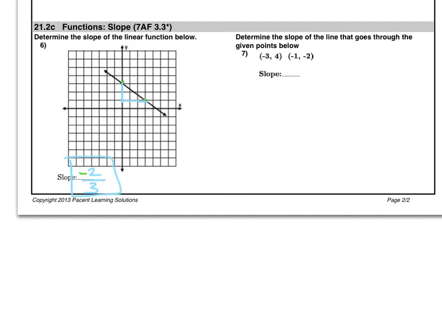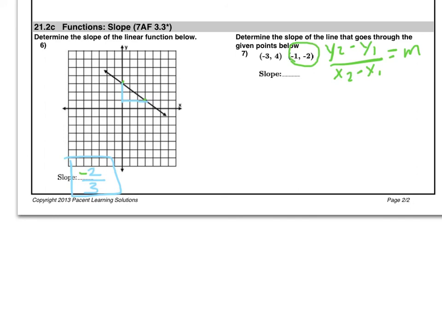And now on problem number 7, they didn't give us a graph. You can totally take those points and graph them on a chart and calculate rise over run. Or you can use your formula, which is y2 minus y1 over x2 minus x1 equals slope. And so we're going to plug in our points. I'm going to choose this guy as my point number 2.